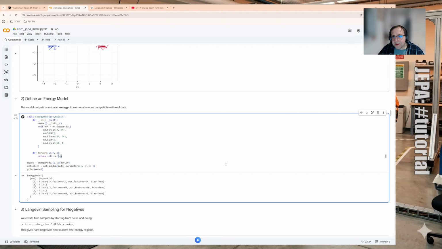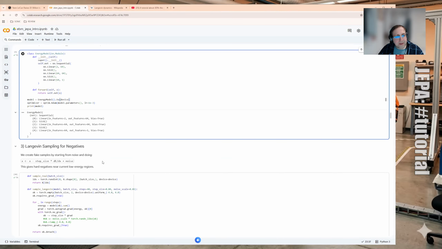And the point of this energy function is that you want to shape it in a way that the real data points belong to the low valleys, low in the energy function, but the points that don't exist, so out of distribution, should go up. So they should have high energy.